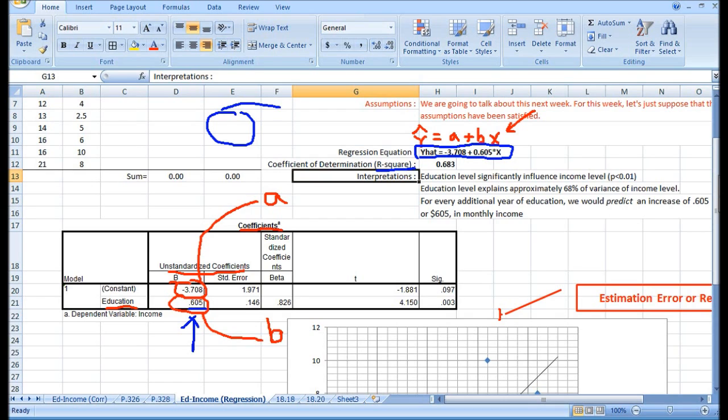If this coefficient is not statistically significant, there's nothing we can get from this regression equation.